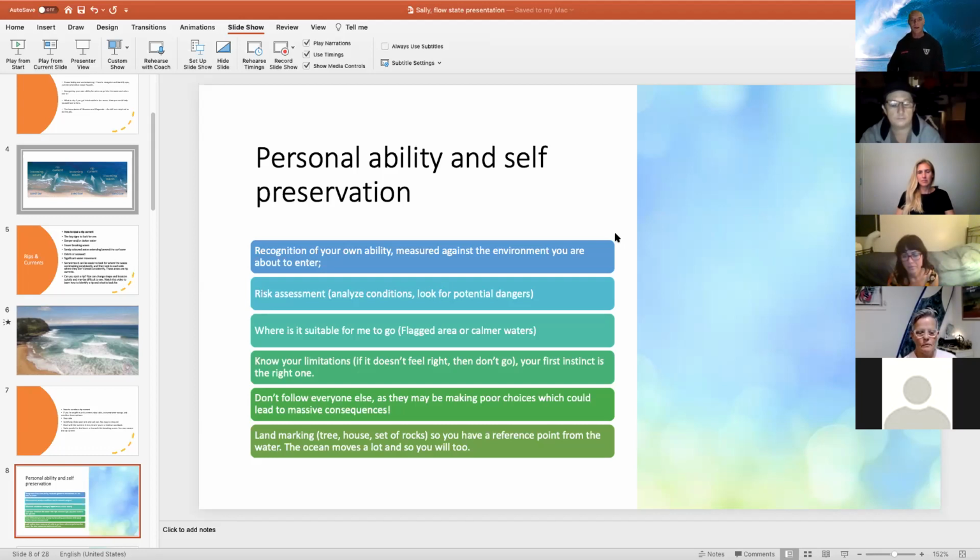It is about self-preservation in the end, and you want to come home to your family or your friends. You want to be able to do this again. So you've got to sit there and go, okay, where is it suitable for me to go? Whether it's swimming or surfing, maybe I'll just go to this point where the waves are medium breaking, or I can safely stand on the bank and catch a couple, get a feel for things.